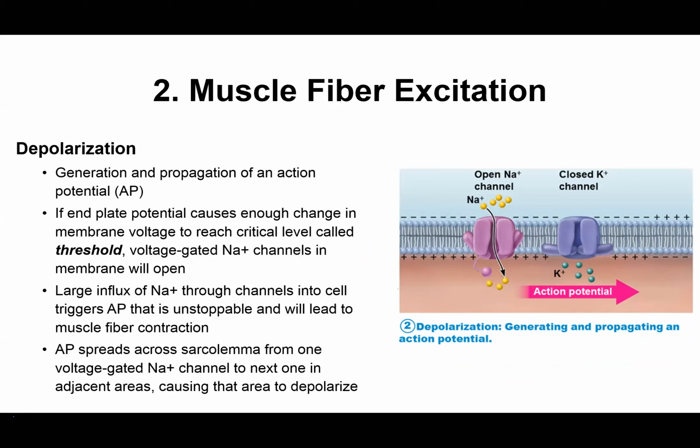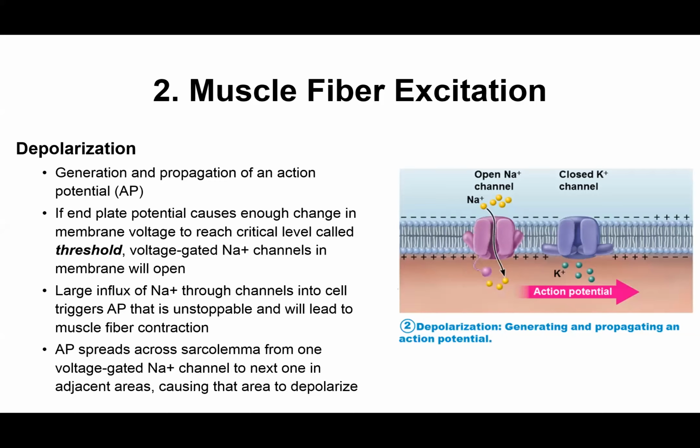So if the end plate potential that we just talked about on the last slide causes enough change in that membrane voltage to reach a critical level, which we call threshold, then voltage gated sodium channels in the membrane will start opening.